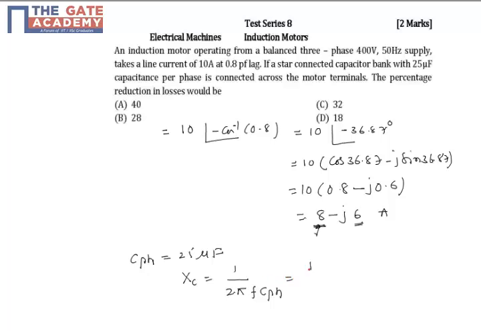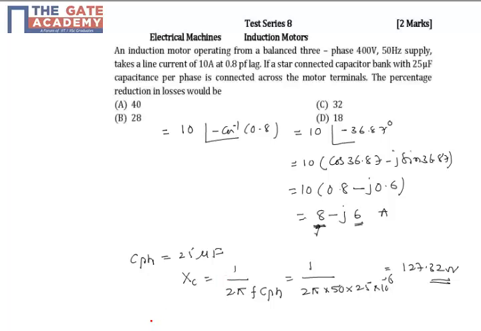So this is equal to 1 by 2 pi 50 into 25 microfarad. If you simplify this, you will get 127.32 ohms. This is the reactance corresponding to the capacitors.